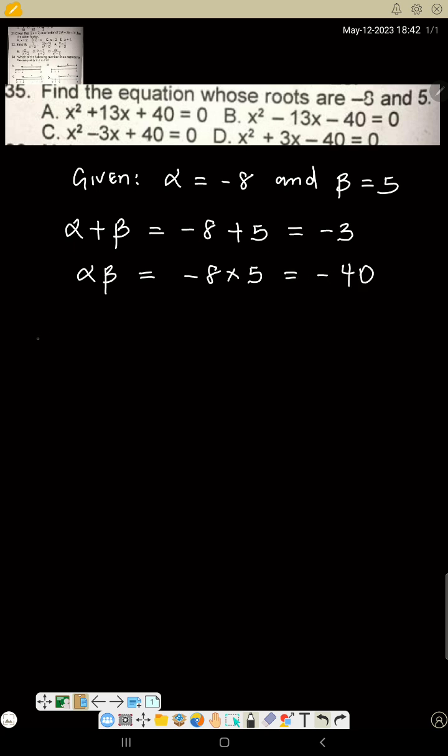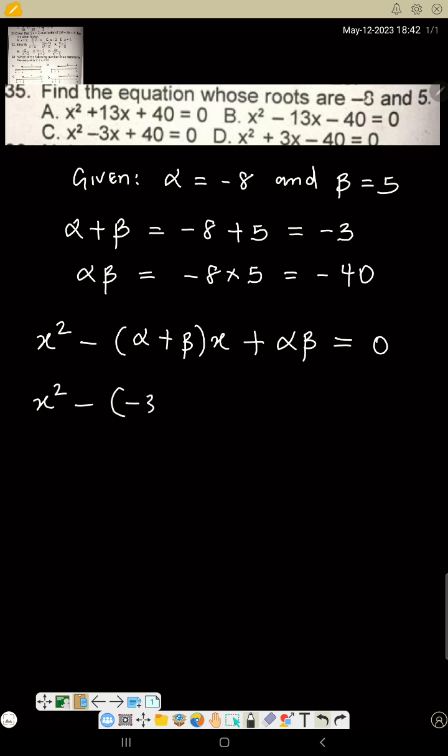So now the general formula is s square minus alpha plus beta s plus alpha beta is equals to 0. So that is the general formula. So now the equation will be s square minus alpha plus beta, that is minus 3, s plus alpha beta, that is minus 40 equals 0.